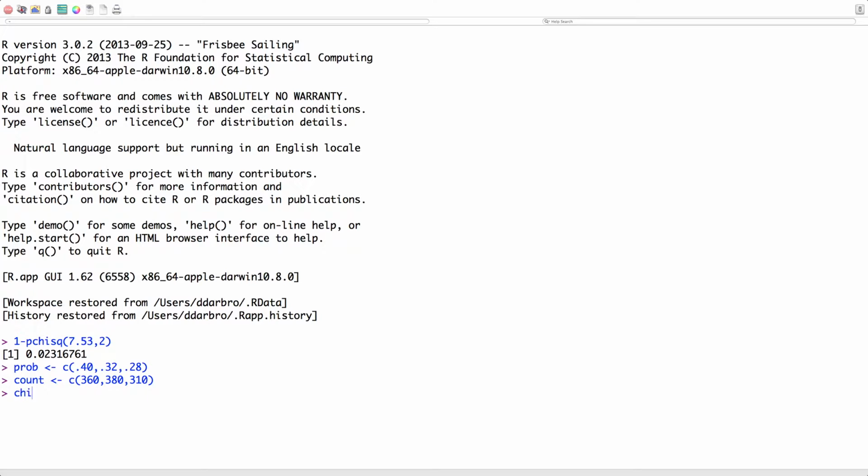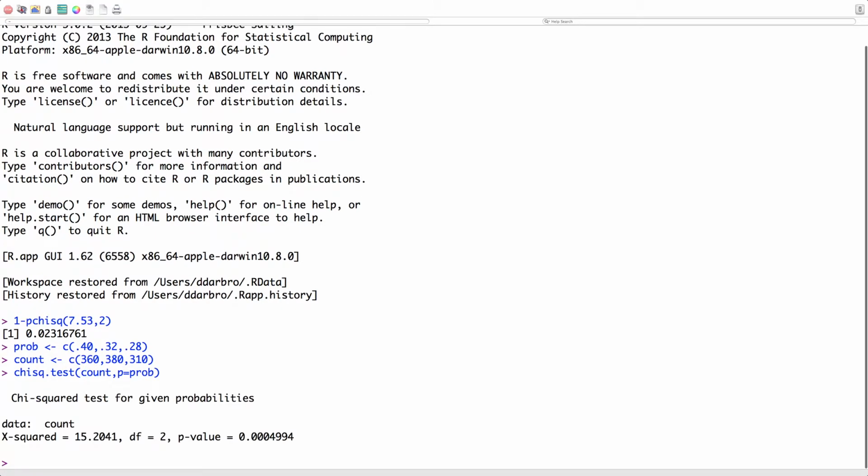And then I would run a chi-square test of my count over my probability. Well, actually I have to do this. I have to do p equal probability.